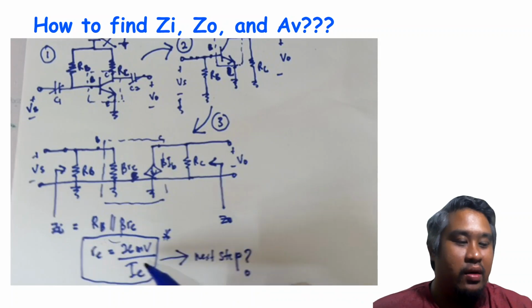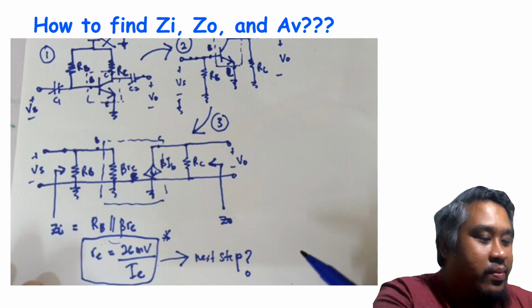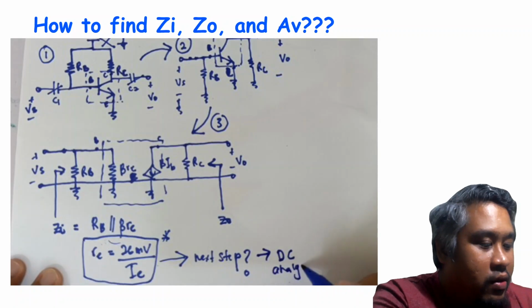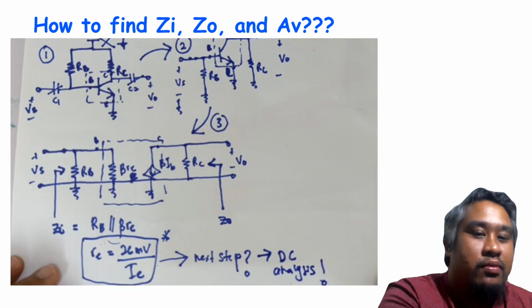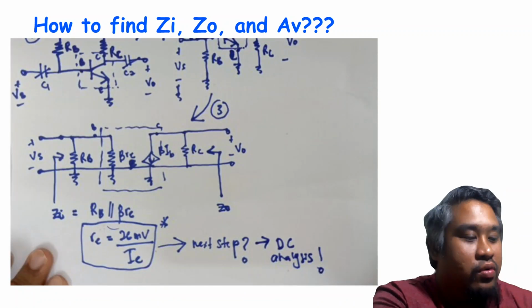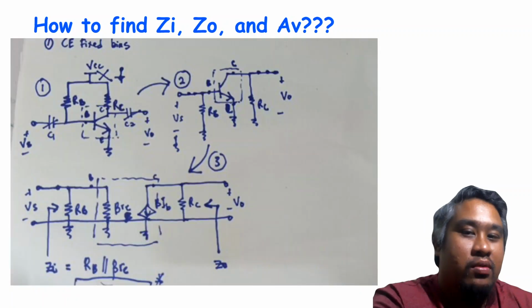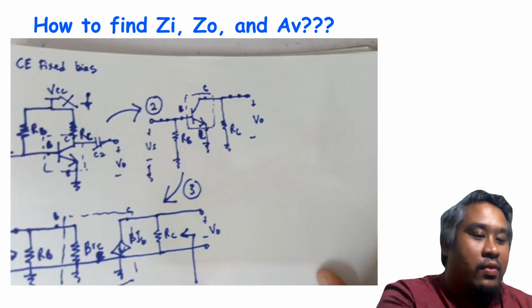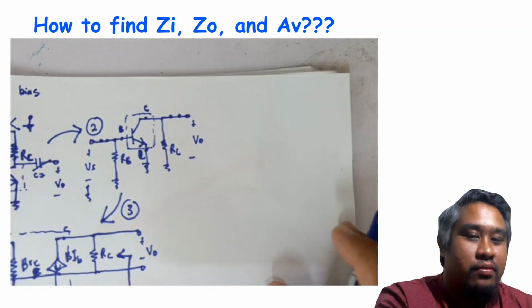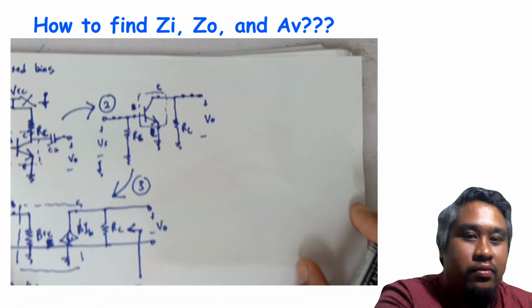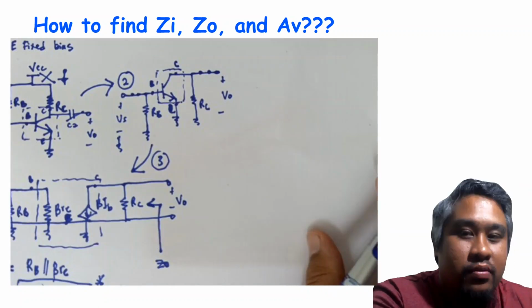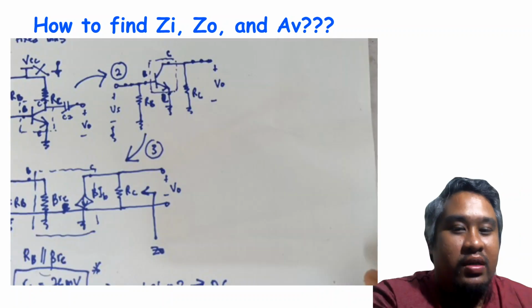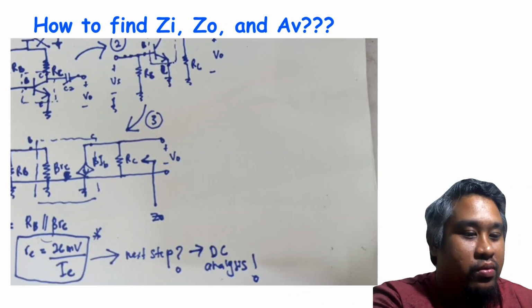How to find IE? IE can be found by doing DC analysis for the fixed bias circuit. For this DC analysis, you all already know how to do it.